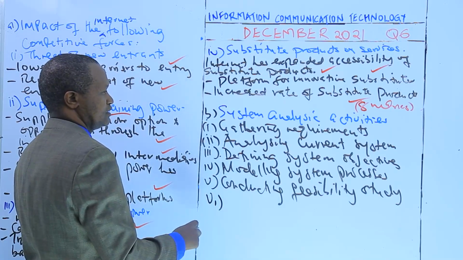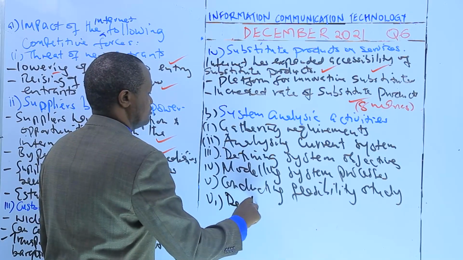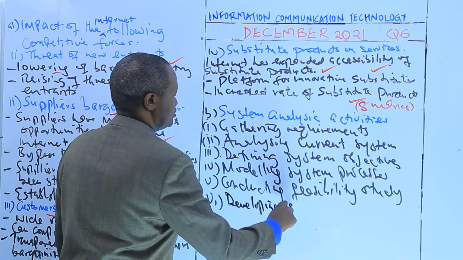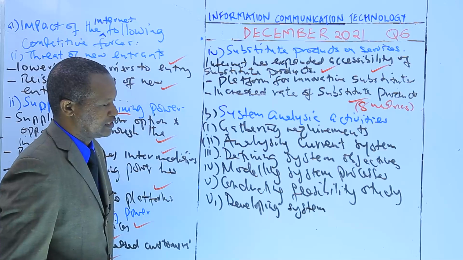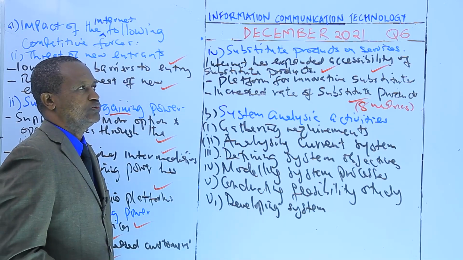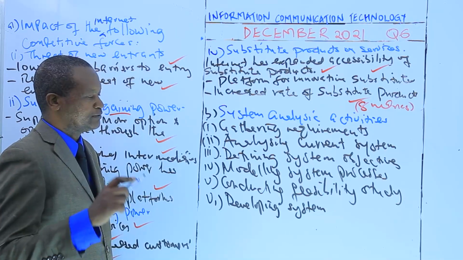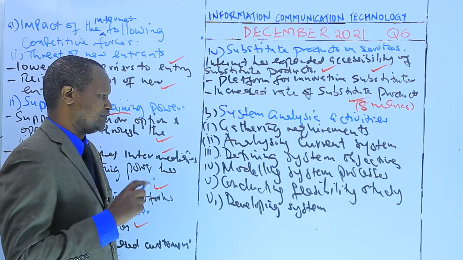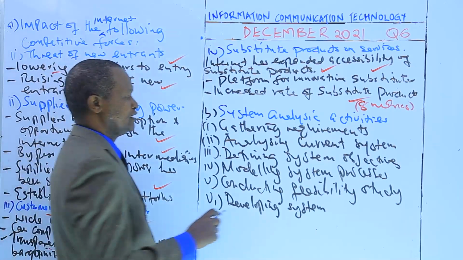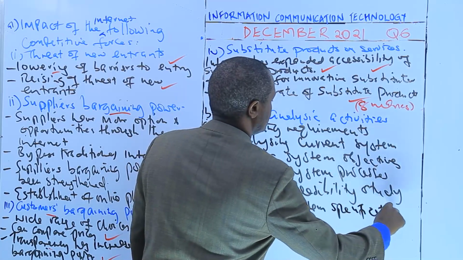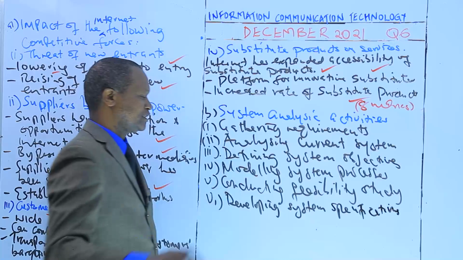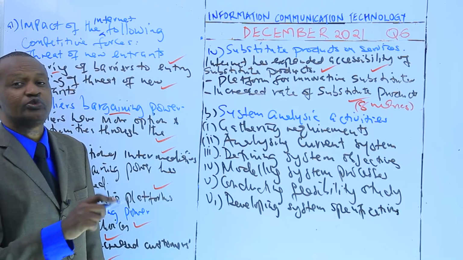Number 6 is to develop the specifications. Developing system specifications. What are the specifications of the new system?